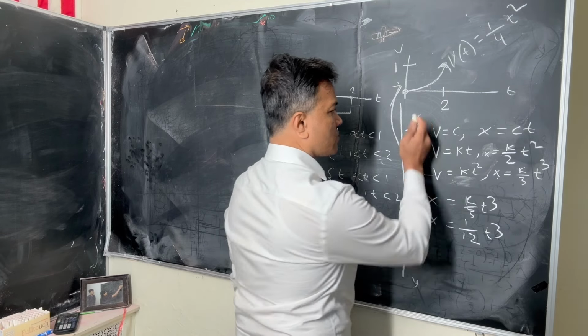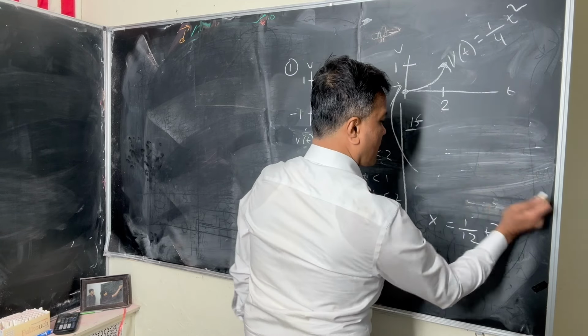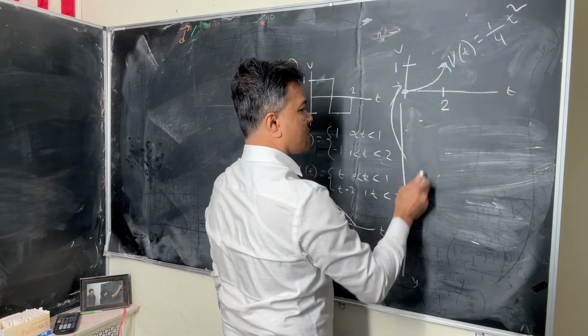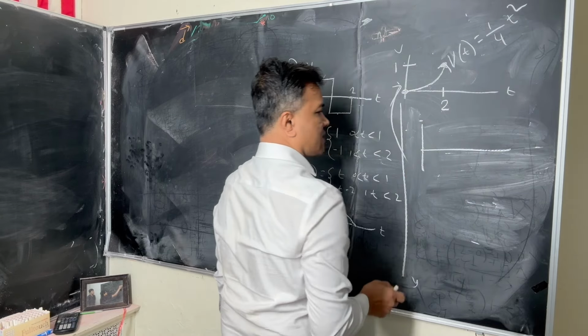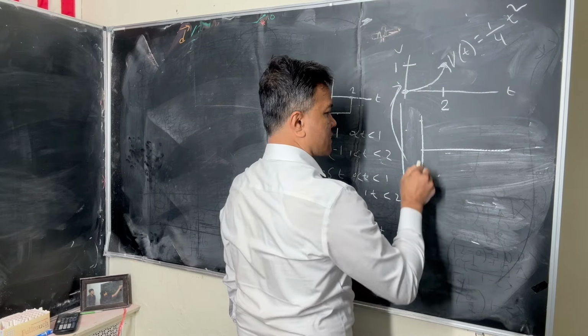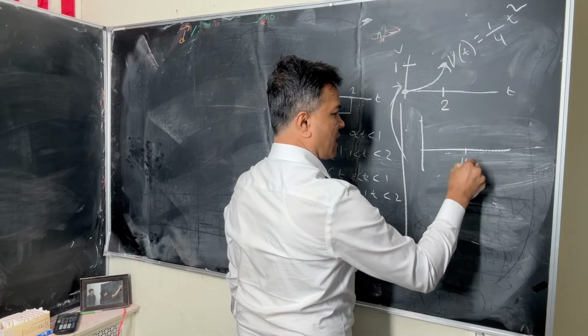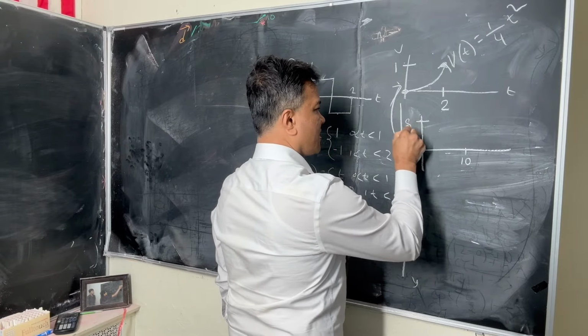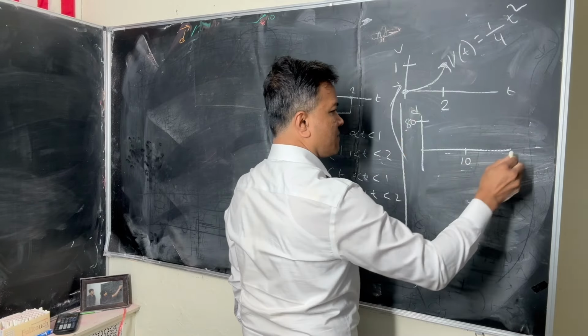So now we're going to draw v. We already have v. We're going to draw xt. So xt at 0, 0, let's say 10, is going to be 80. This is your xt.